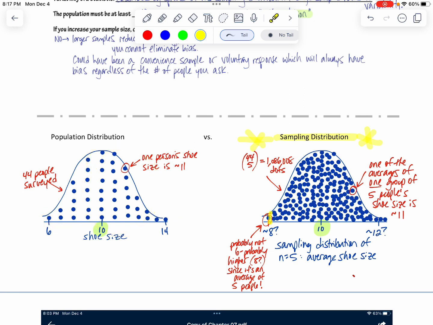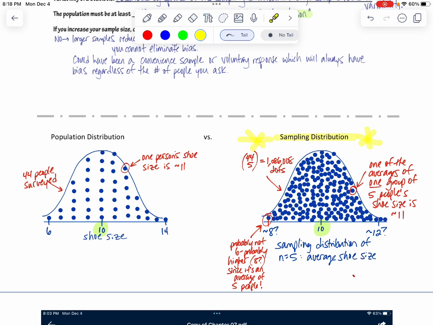Likely. Probably closer to 8. I'm guessing it's around 8. We will mathematically figure out how to calculate what that number is. But same thing, if I take this person that has the largest foot in stats class, which is a size 14, and I average, I'm assuming him with 4 other people, isn't that average not going to be 14? It's going to be lower.